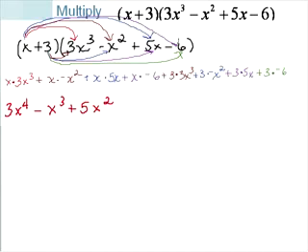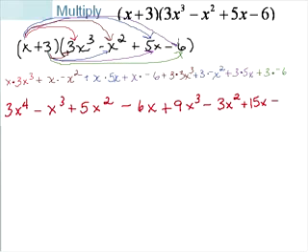X times negative 6 will be a minus 6x. 3 times 3x cubed will be a plus 9x cubed. 3 times negative x squared will be a minus 3x squared. 3 times 5x will be a plus 15x. And 3 times negative 6 will be a minus 18.